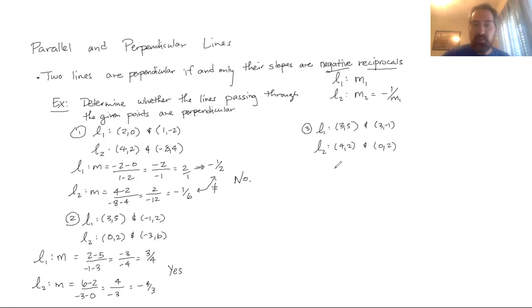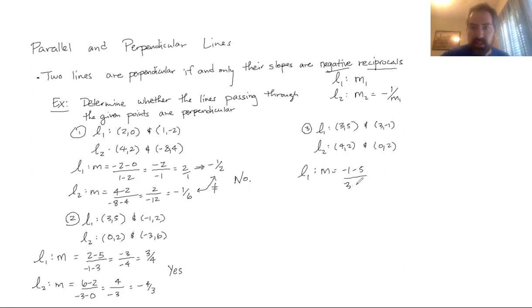And then for example 3, finding the slope of line 1 and line 2, we subtract the y values, -1 minus 5, and subtract the x values, 3 minus 3.